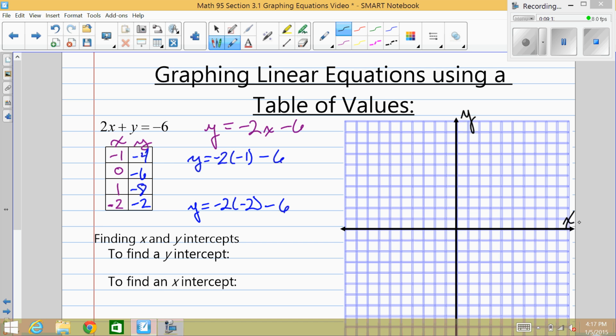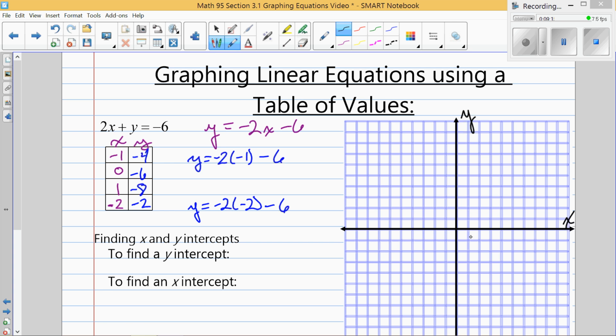If I count these, I go out 1, 2, 3, 4, 5, 6, 7, 8, 9, 10. So if I allow this value to be 8, each of these is worth 1. I mentioned before that I like to label my 2's because they are easy to see. And again, I like a square graph, so I'm going to let both of my axes count by 1's.